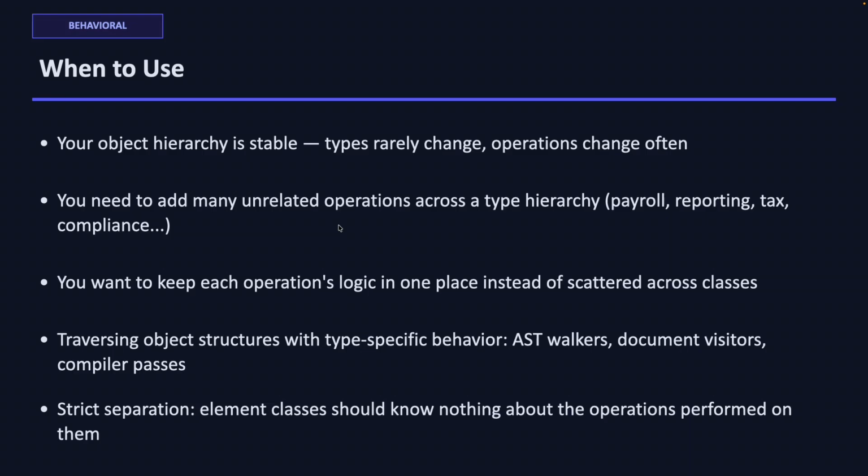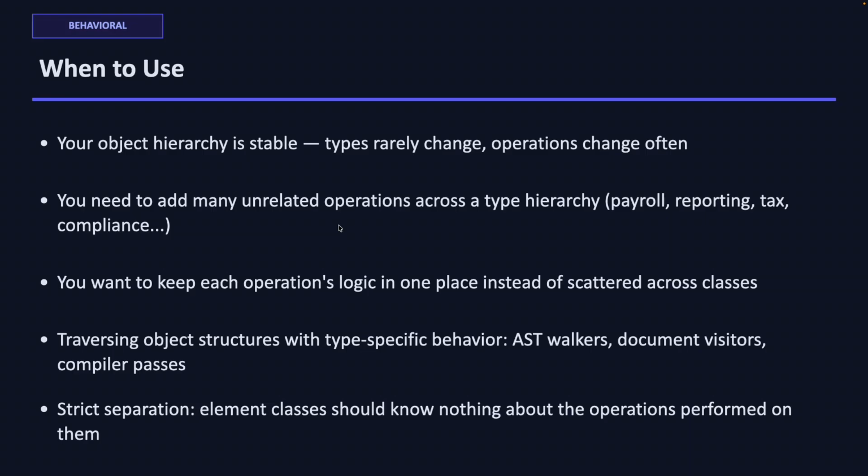Another thing we can think about is document processors. Document structure is fixed. When we add exporters, validators, and formatters, we can implement these as visitors. And the important part is also considering that using the visitor pattern will keep all the operation logic centralized. We're not scattering these across a class hierarchy.